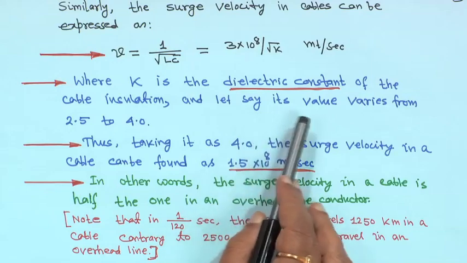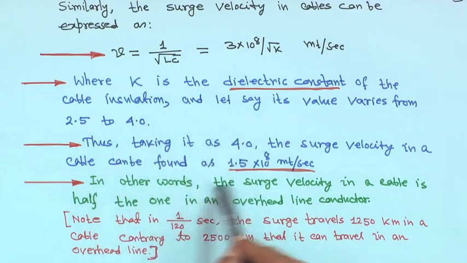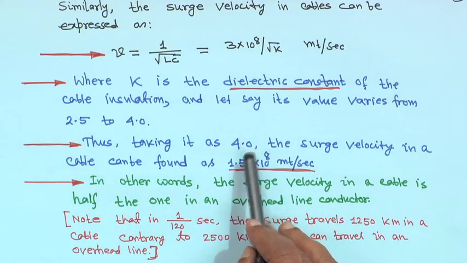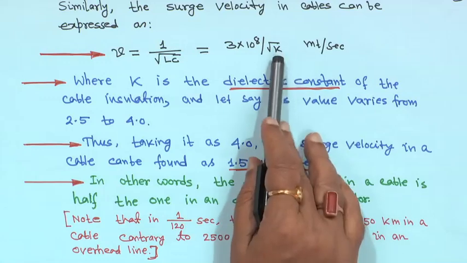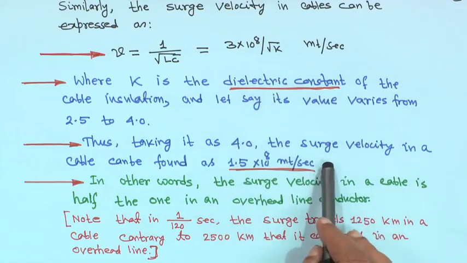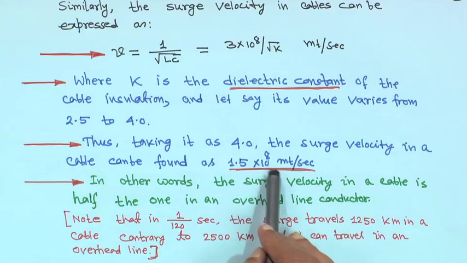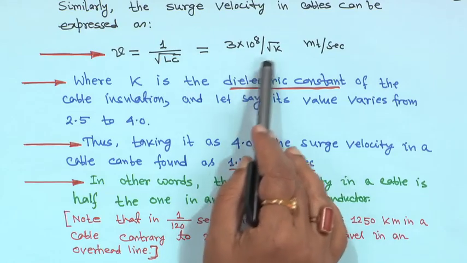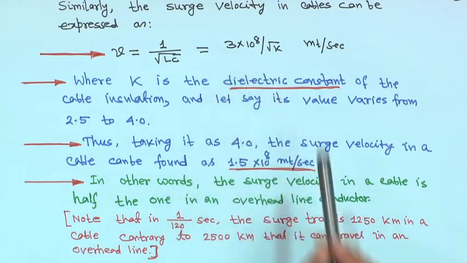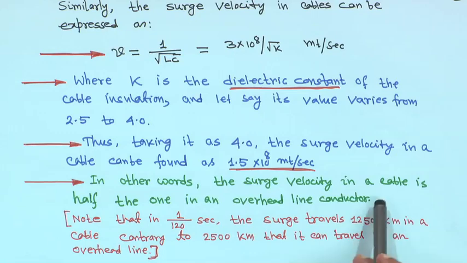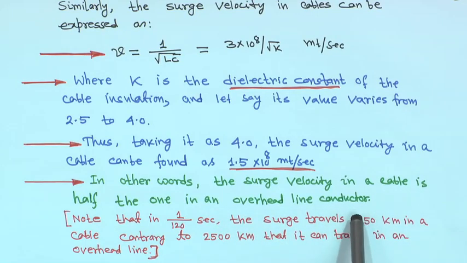K varies between 2.5 to 4. For example, if K is equal to 4, root K will be 2, right. The surge velocity in a cable can be found as 1.5 into 10 to the power 8 meters per second, because 3 by 2 is 1.5. In other words, the surge velocity in a cable is half that in overhead line conductors if the value of K is 4.